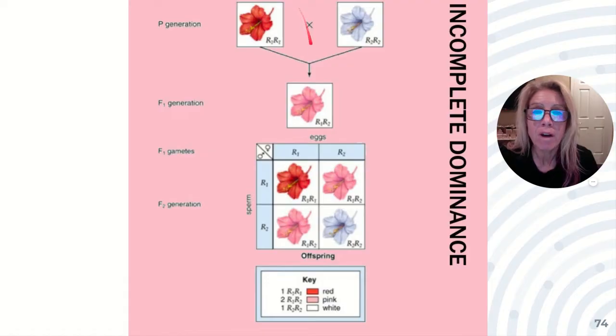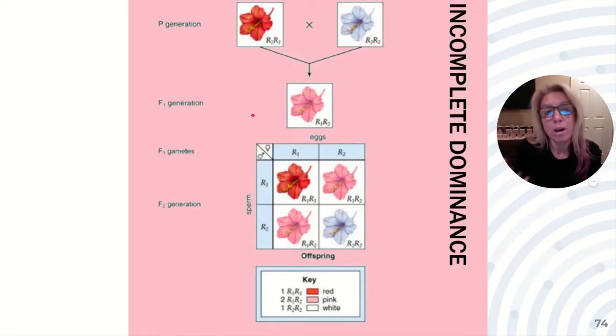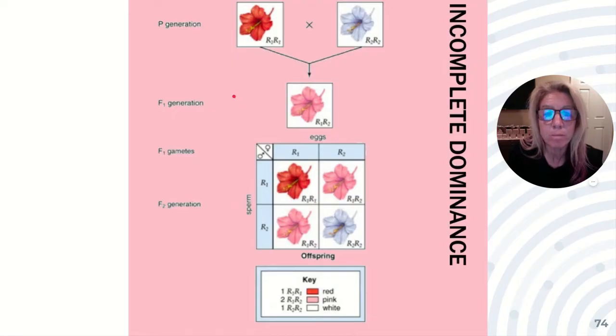So you could have a red flower, homozygous R1R1, with a white flower, homozygous R2R2, but in incomplete dominance, so not codominance, it appears to be a blending of the two. Now, truth be told, incomplete dominance could be a factor of codominance. For instance, you could be fully expressing the red and fully expressing the white pigment, and so to our eyes, it appears pink, right? But when it looks like blending, that's when they tend to call it incomplete dominance, when it looks like in between the two.